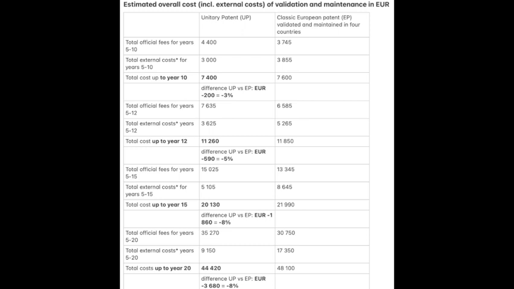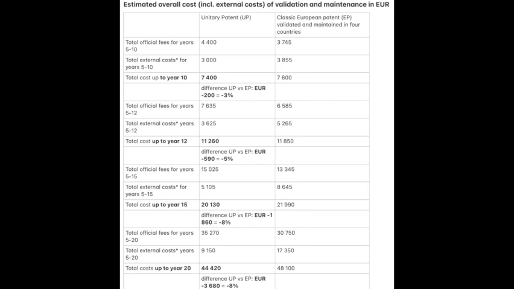It takes into account not only the fees but also the costs associated with the validation and maintenance of a classical European patent. These costs can be considerable and typically include translation costs incurred for validation and publication fees available at the various national patent offices, as well as fees charged by attorneys or other service providers for validation and the payment of national renewal fees.